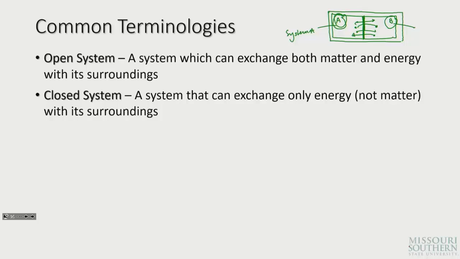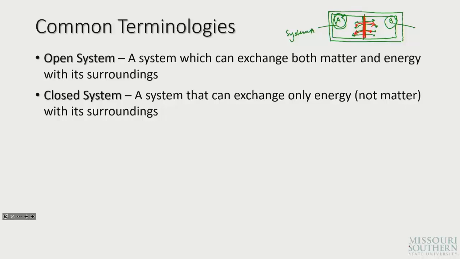Closed system. So let's say we have a partition which doesn't allow the exchange of matter through it. That means the particles from A cannot enter B through the partition. Or the particles in B cannot move towards A through the partition.